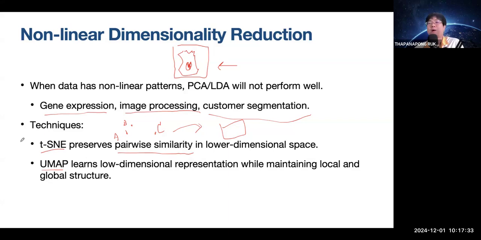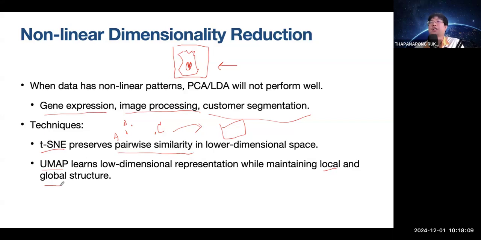That is how t-SNE tries to work. It tries to preserve pairwise similarity. If two points are close to each other in the original space, they should be close in the reduced space. For UMAP, it learns a lower dimensional representation while maintaining local and global structure, so it's more general than t-SNE. Basically, it looks at the data as a big picture.